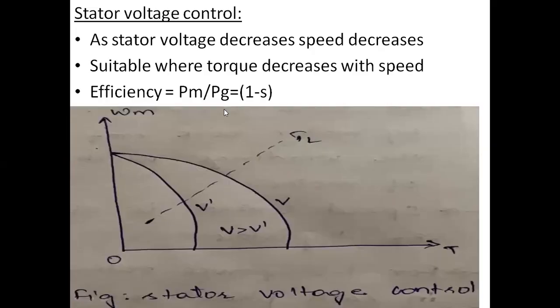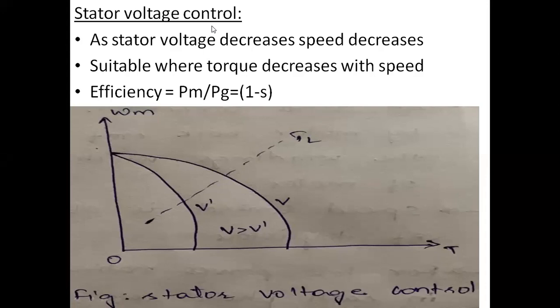Okay, so this is the three-phase induction motor syllabus. First see here, stator voltage control. We are adjusting the stator voltage by reducing or increasing it. We can decrease or increase the slip, right? If you reduce the stator voltage, the speed of the high slip induction motor is reduced.